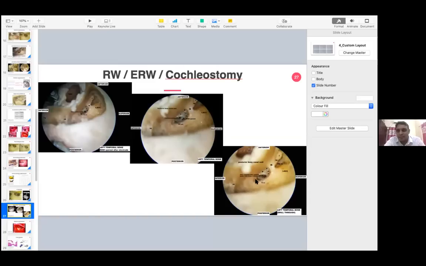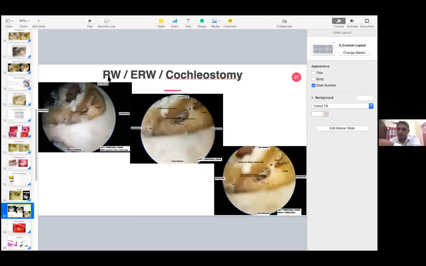You do a separate bone cochleostomy. That means you drill the lateral wall of the cochlea without touching the round window membrane, a little bit inferior and anterior. That is called a conventional cochleostomy. So both extended round window and bony conventional cochleostomy come under cochleostomy, and round window is without cochleostomy. That means you don't drill the bone.